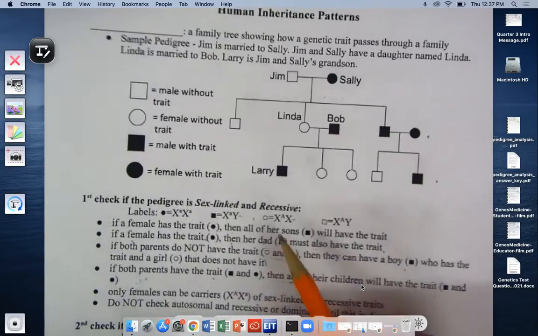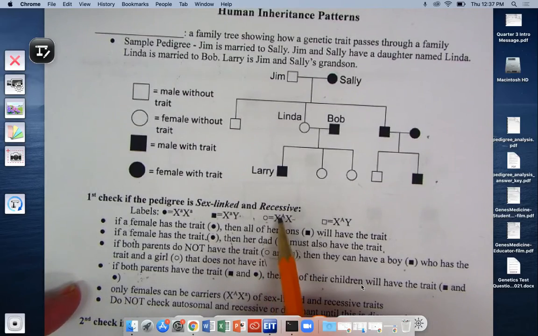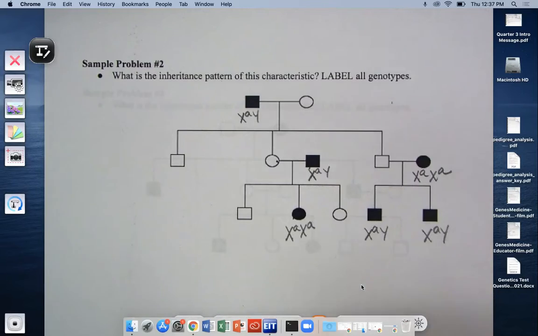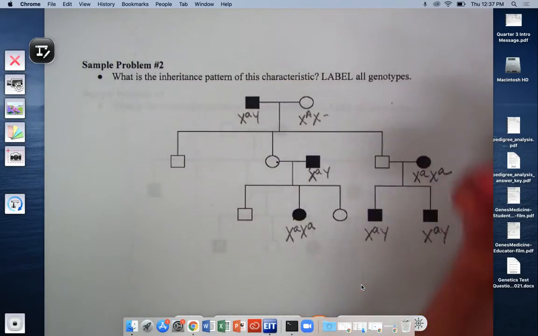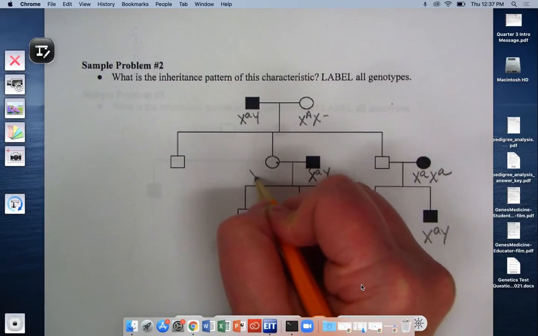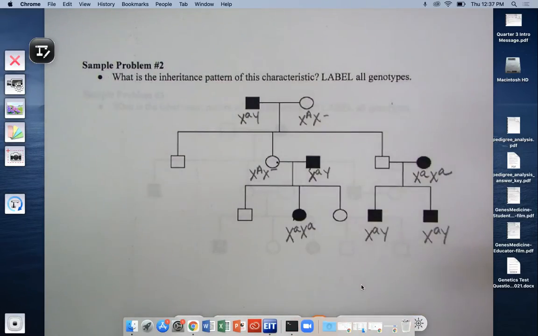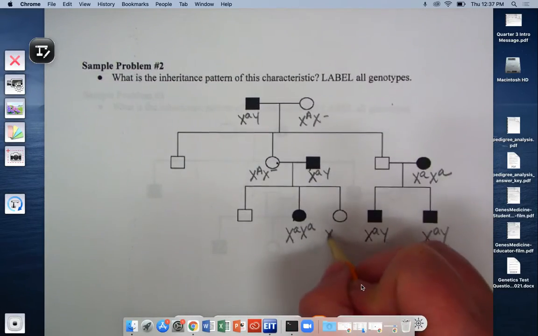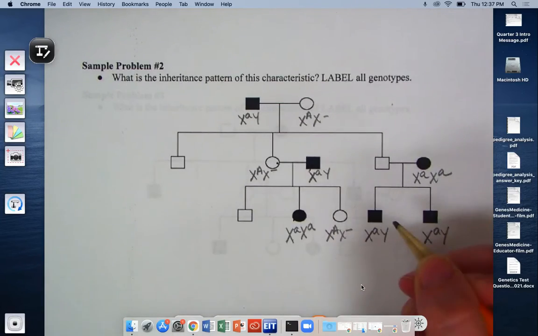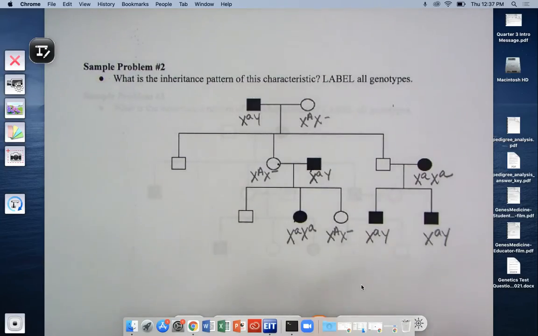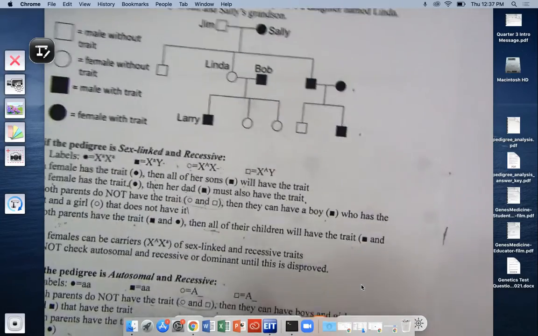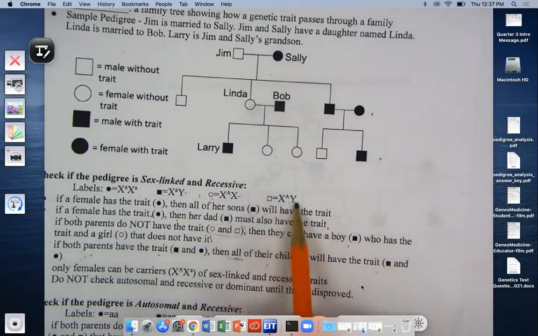Okay. If the girl does not have it, X capital A, X blank. Okay. So X capital A, X blank. And then the boy that doesn't have it, X capital A, Y.